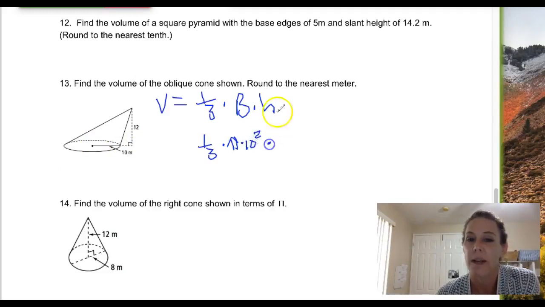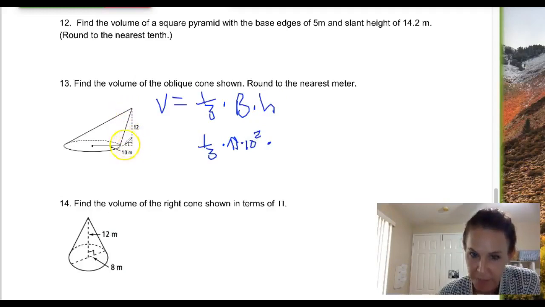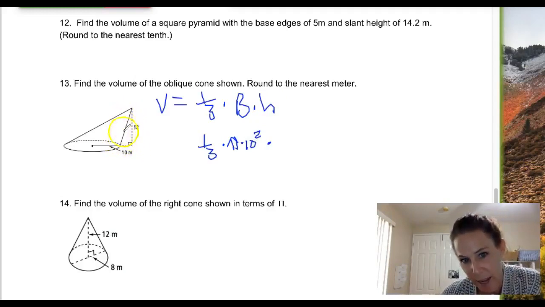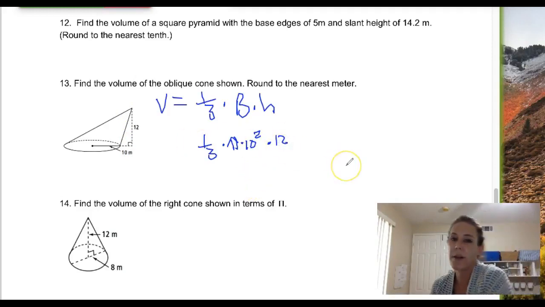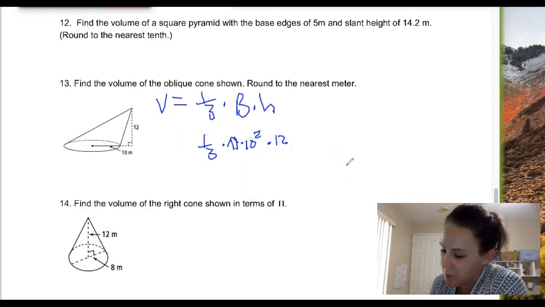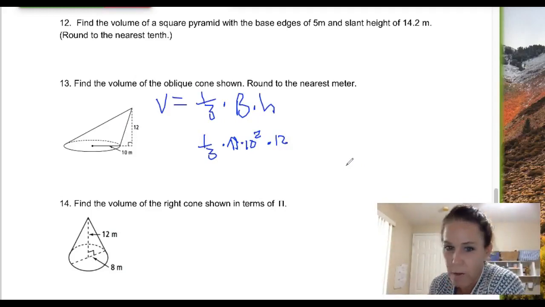squared. Now you need to multiply that by the height, and they give you the height. So nice of them. It's not this slant height, which you could try to figure out using Pythagorean. It's the height right here. So times 12. All right, and just do the math on this. They want it rounded to the nearest meter, so we're going to round pi. 10 times 10 is 100, so 100 times 12.